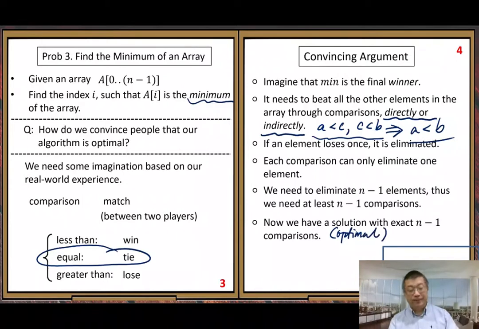We achieve the best result that people can make. n minus 1 comparisons. We make it. And nobody can use fewer than n minus 1 comparisons to solve this problem based on our analysis.